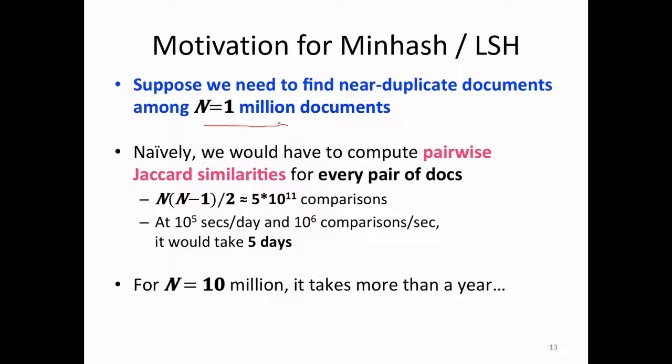We can just represent them as sets of shingles and then compute pairwise similarities. Now the problem is, think of how many pairwise similarities you will have to compute. And 1 million is not a large number. In a document corpus you will routinely get corpuses which are this large.